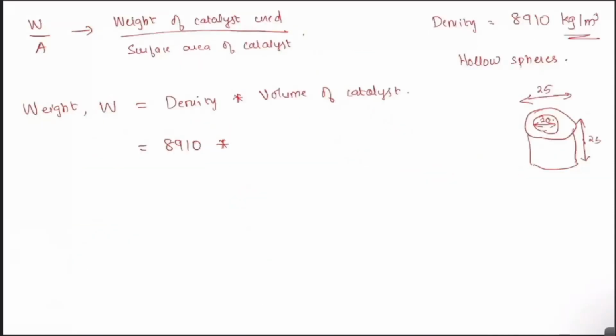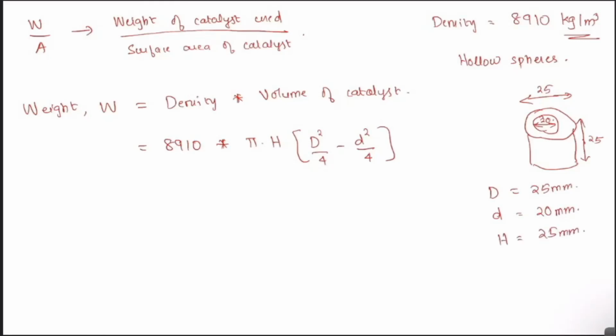So volume of a hollow sphere will be pi into h into (D square by 4 minus small d square by 4), where this capital D is 25 mm and small d is 20 mm and the height h is 25 mm.